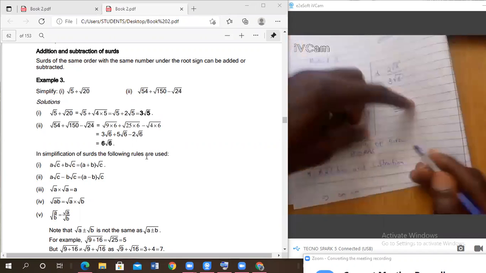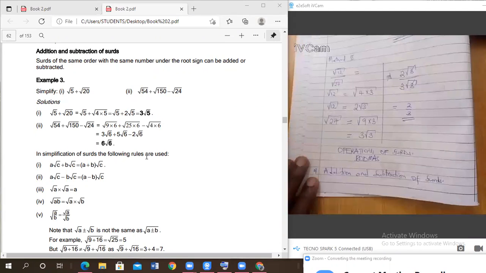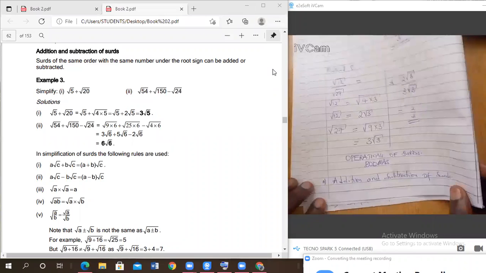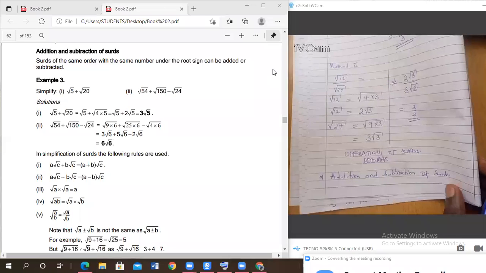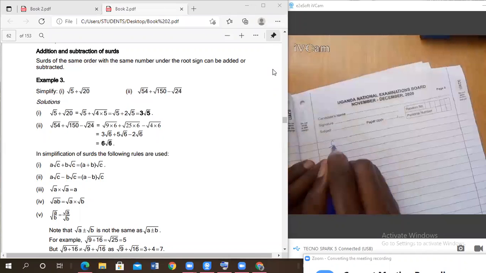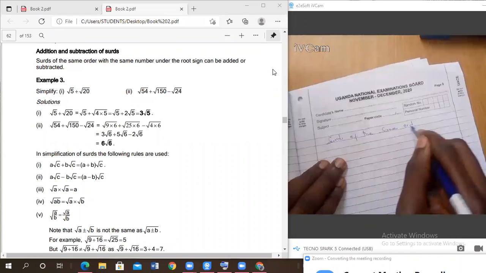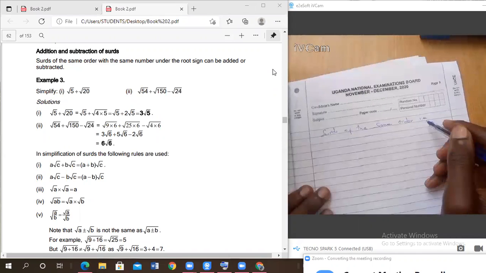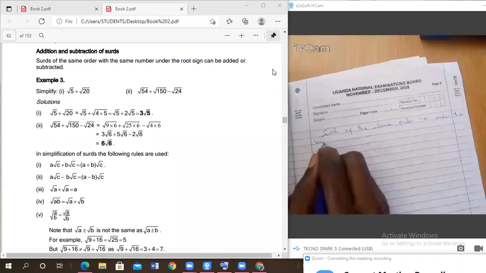Addition and subtraction of surds. We are saying surds of the same order, that is, under the same roots.